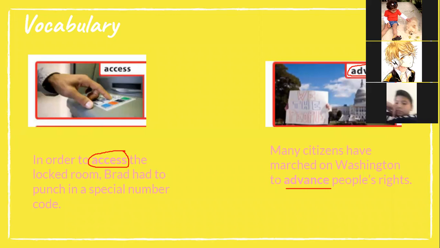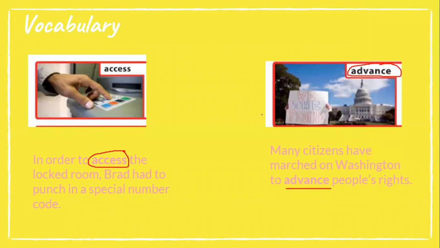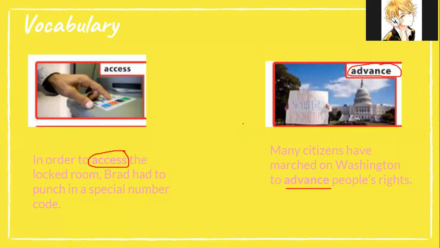Okay, Zahra. Yes. When people advance or walk on the street or they protest, what do they want? They want things to become better or to get worse? To become better. So here when we say to advance people's rights, what do you mean by advance?